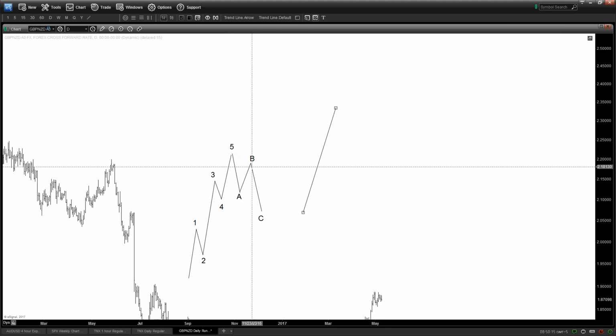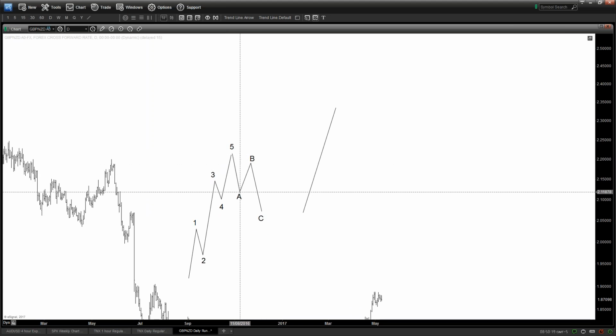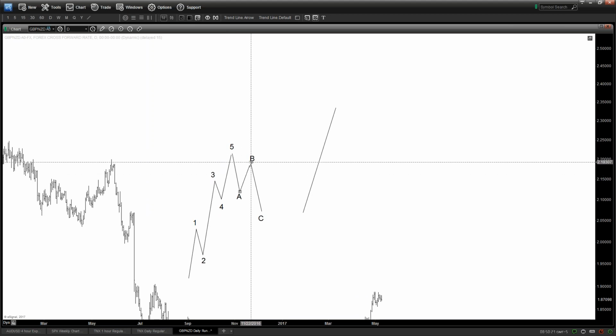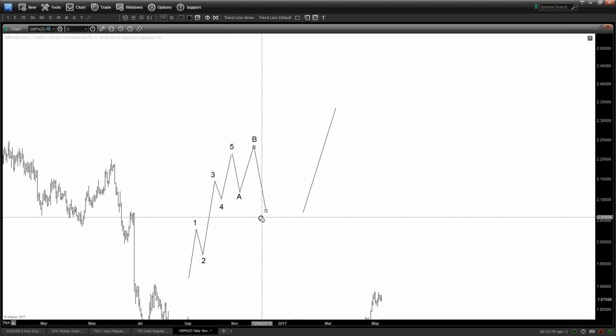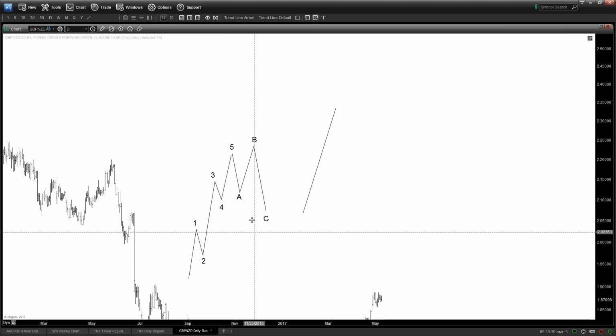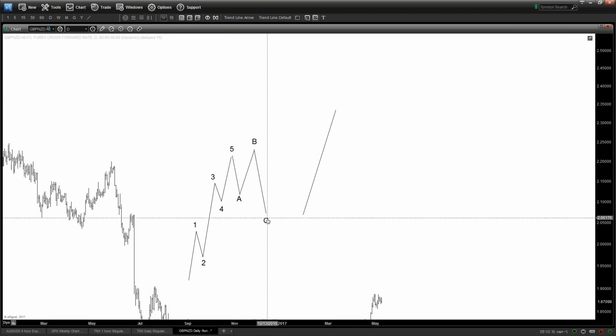Now imagine this way. Instead of correcting in a ZigZag, it does an A, a B, and then a C. You see it? This is an ABC. This is a flat, guys. So you got the C in 5 waves also here, right?